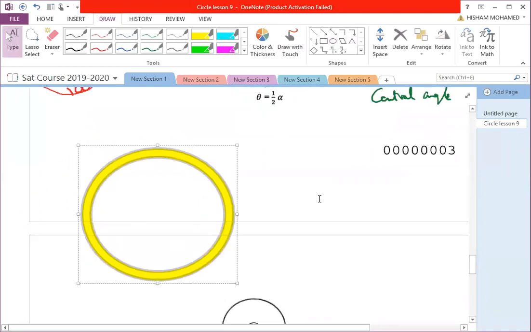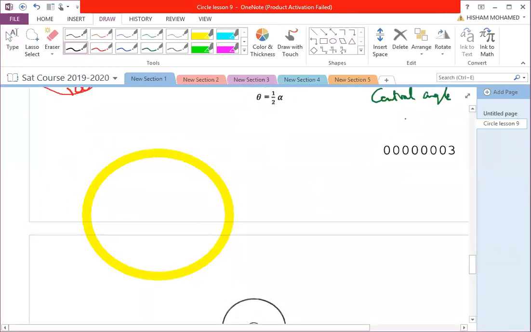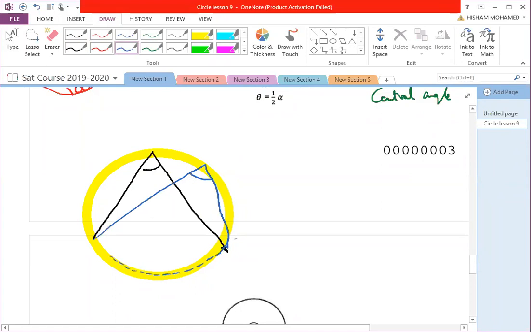If you have a circle and you draw an inscribed angle here, subtended by this arc, and you draw an inscribed angle there, these two angles are equal. Why? Because they are intercepted by the same arc.